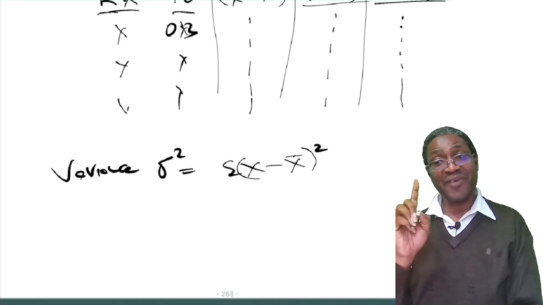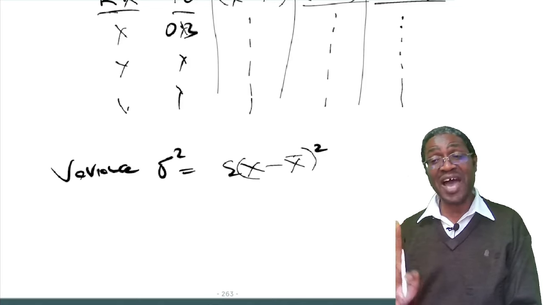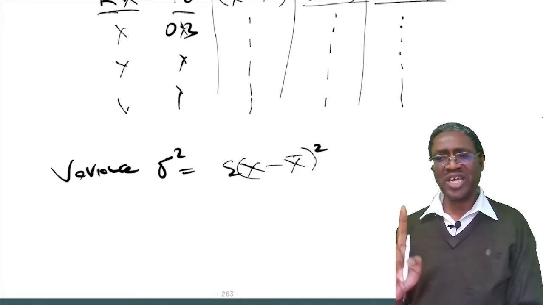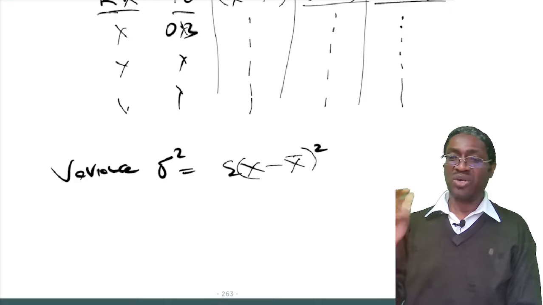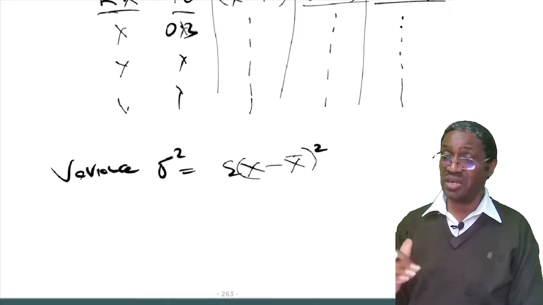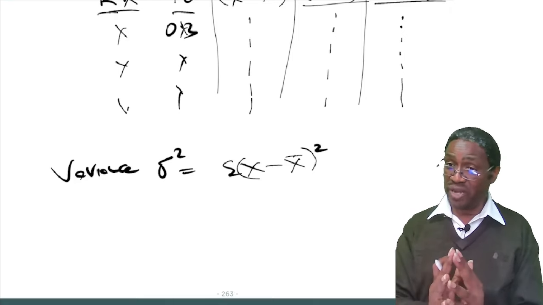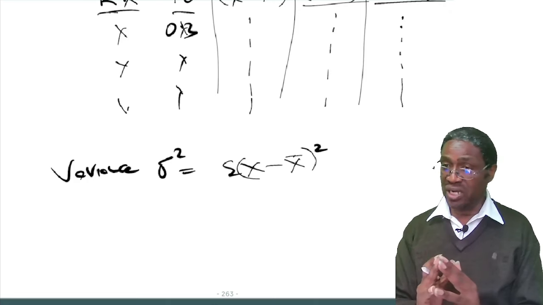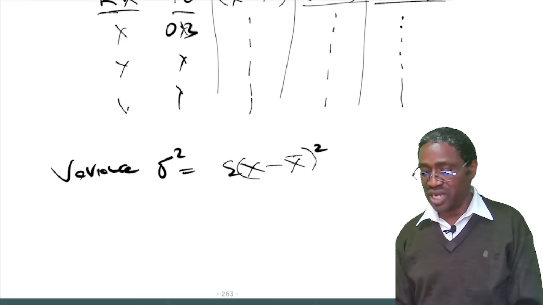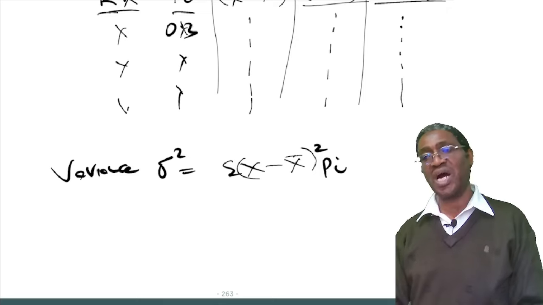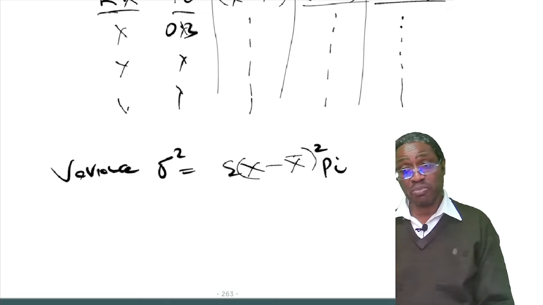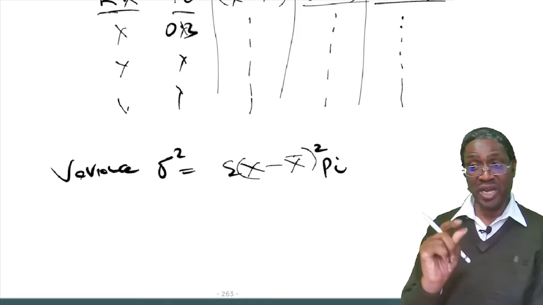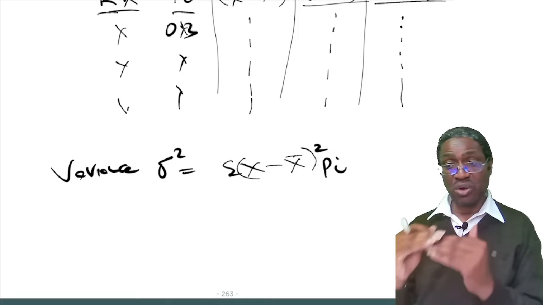This time I don't divide by n, because probability is the frequency. When you are getting those frequencies, you kept dividing by 10. But this time, you will multiply that by pi. We are adding only the element of probability. So the formula is the same, but this time you don't divide by n.